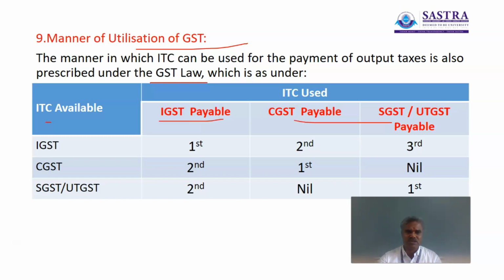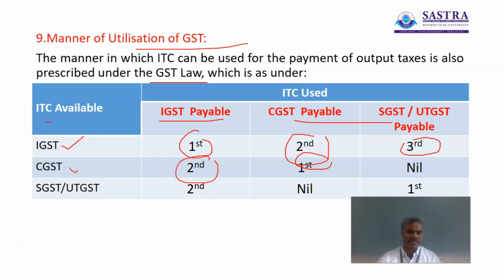This is the procedure. If you have IGST input, first you adjust it against output IGST, then against output CGST, then if any balance is available, you utilize it for payment of SGST. If you have ITC of SGST, first you use it against SGST payable and then you can use it against IGST.